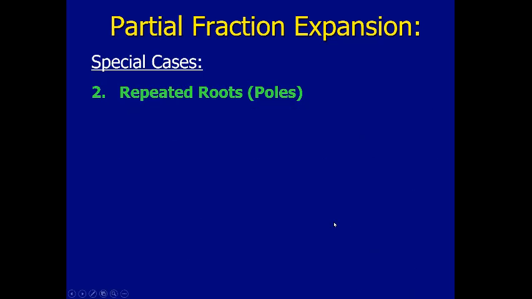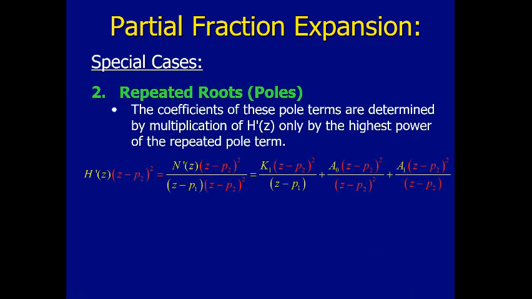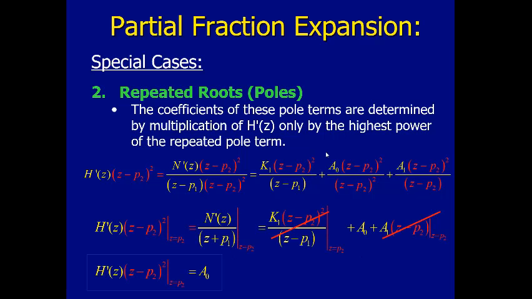The way we find the coefficients, well, for the first one with the highest order pole term, we find in the normal manner. We follow the standard procedure, except that we're multiplying our function on this side by the pole term with its highest power.